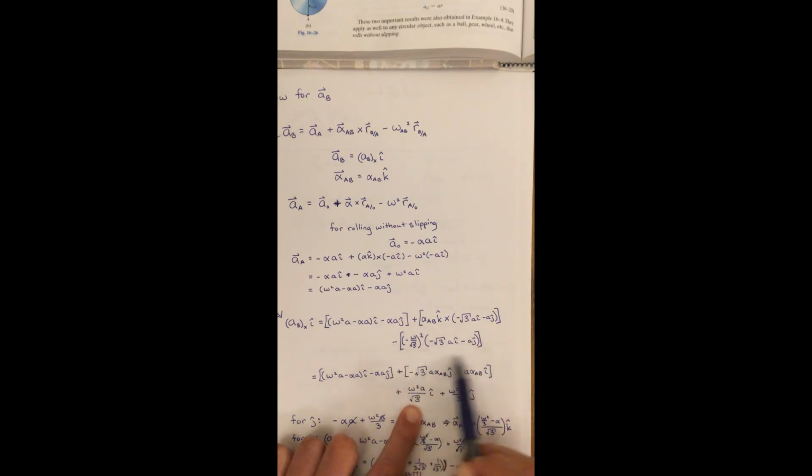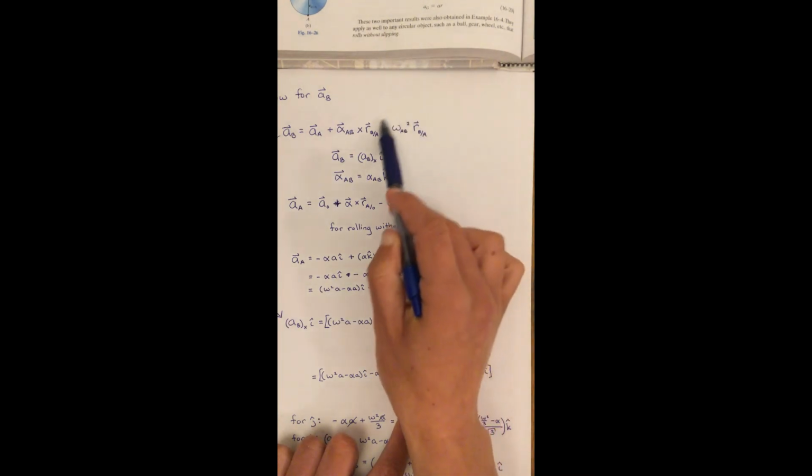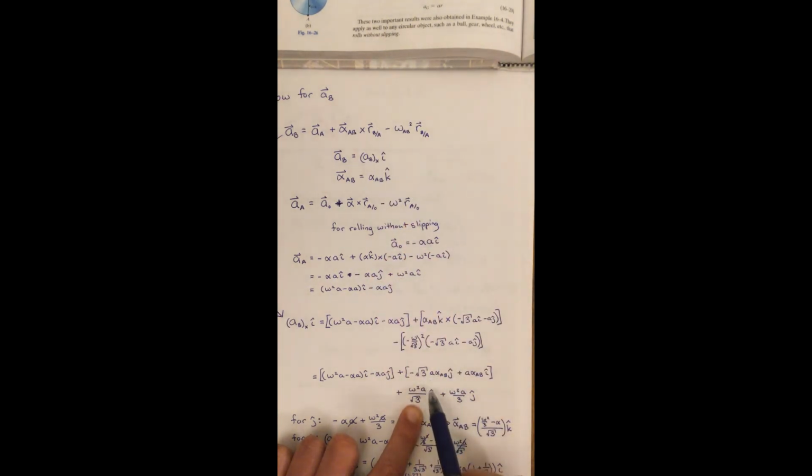Then for this here, which came from what I had up here, we're just going to distribute the negative sign and take this, multiply it by that. So this is squared, so it doesn't really matter that this is negative because that's being squared. So negative times negative gives me something positive.